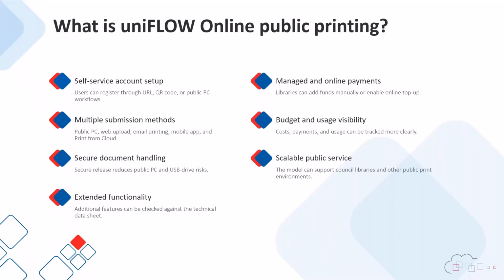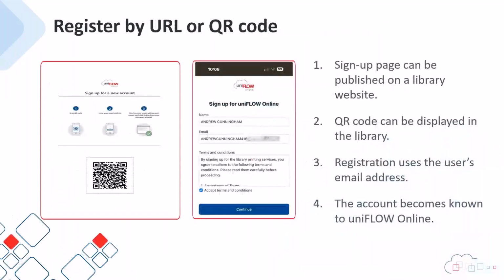Now, the main idea is that users can submit these jobs and release them in different ways, whilst the library manages the process all through uniFLOW Online. So with that, the first account setup option is registration by URL or QR code. Let's have a look at that in more detail.